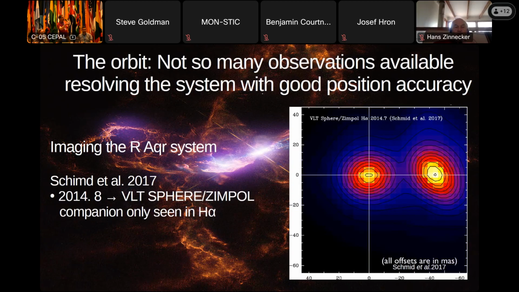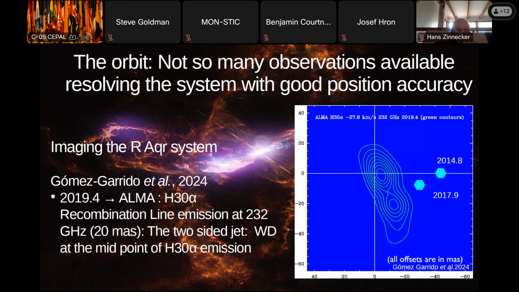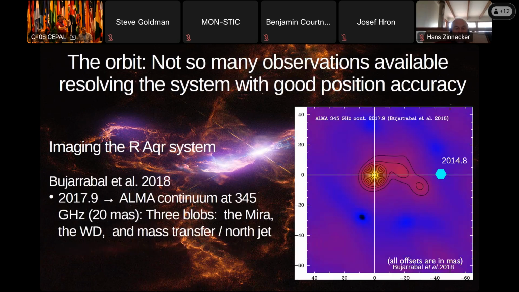And here we have in H alpha the white dwarf that is a bit elongated. So this will be our first epoch.